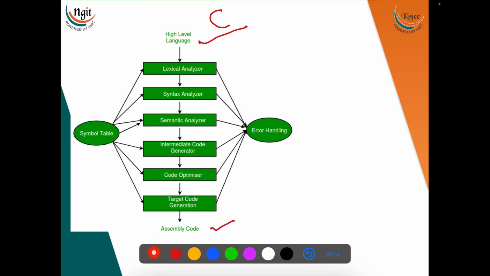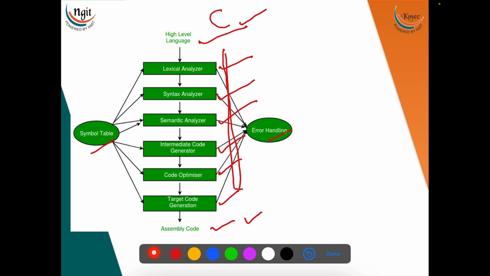Now look at this. My program, written in the chosen language, has to cross all these phases to reach machine language. These phases are lexical analyzer, syntax analyzer, semantic analyzer, intermediate code generator, code optimizer, target code generation, symbol table, and error handling. PPL will not teach you the working principle of each phase, because it will be covered in the ALC subject.